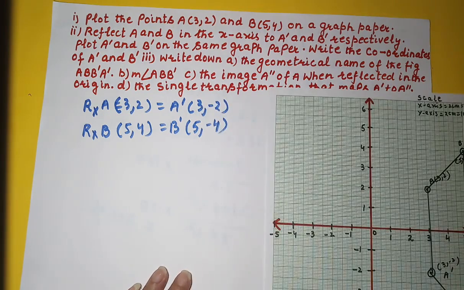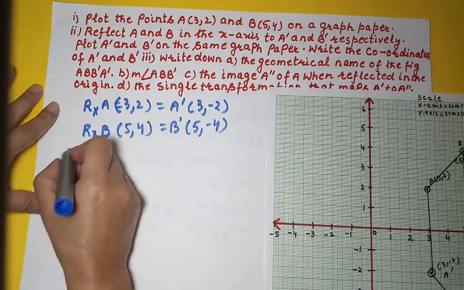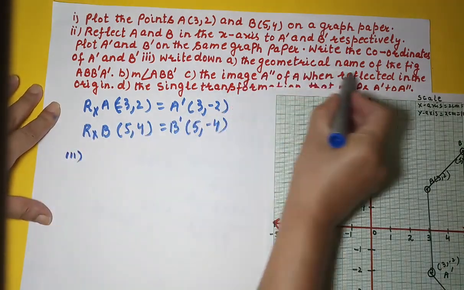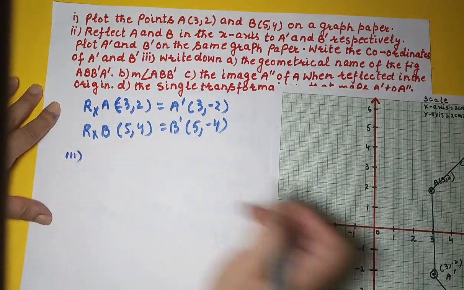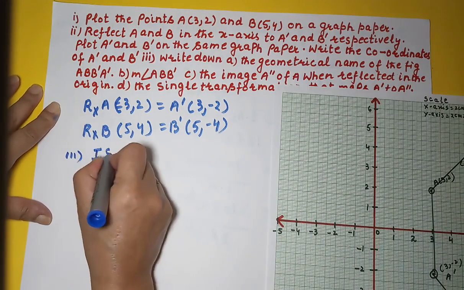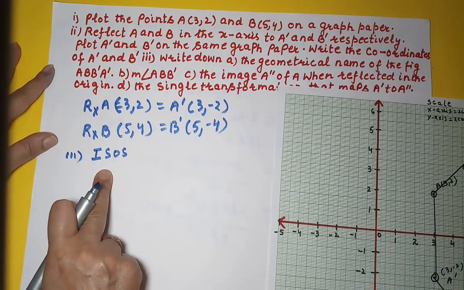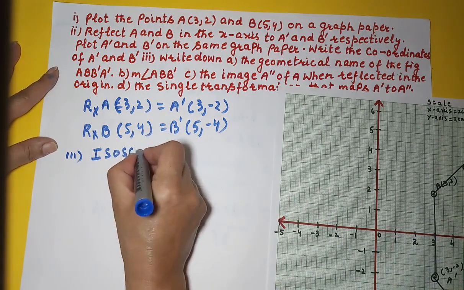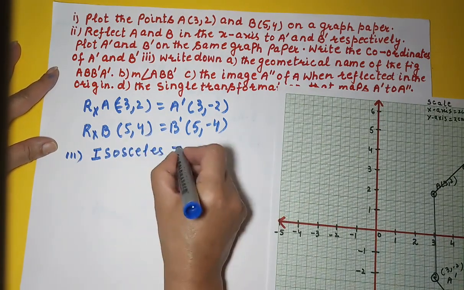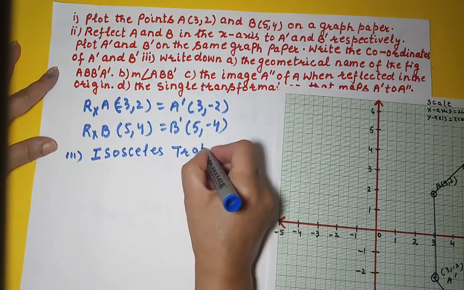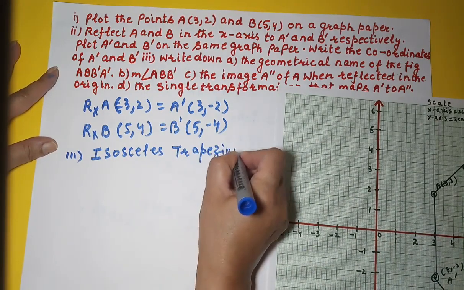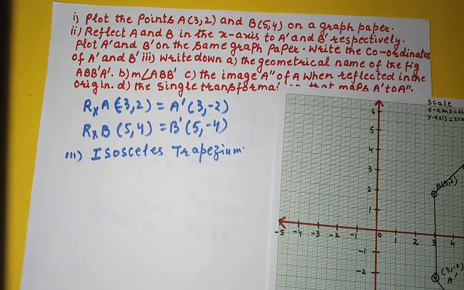Right? So I will write here, this is the third part, write down the geometrical name of the figure. It is an isosceles trapezium. See, even if you write just trapezium, you will lose 1 mark. You have to write isosceles trapezium. So, why is this an isosceles trapezium?